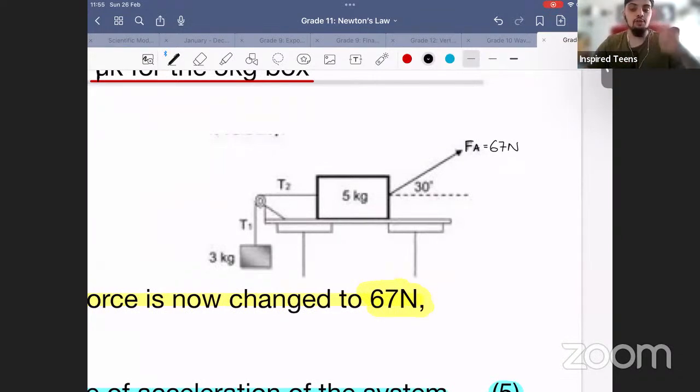There is going to be an acceleration, because now that I'm pulling with more force, the forces to the right are going to be stronger than the forces to the left. Originally they were equal because of constant velocity, but now the force to the right is bigger than the force to the left.